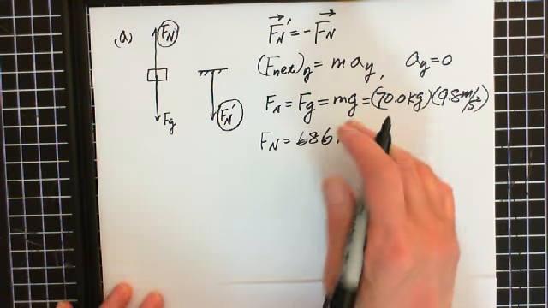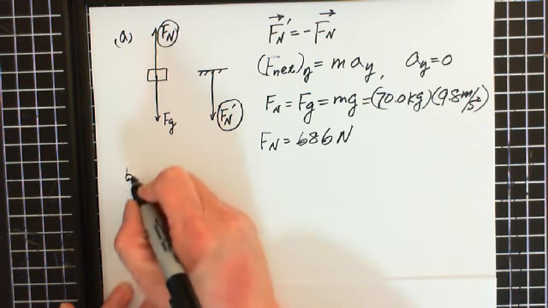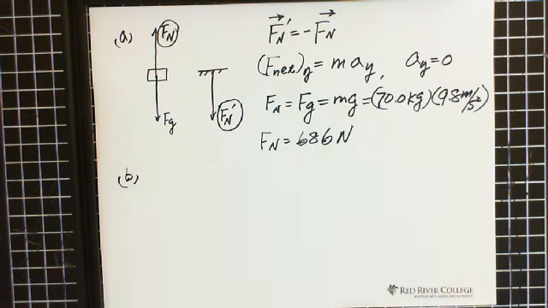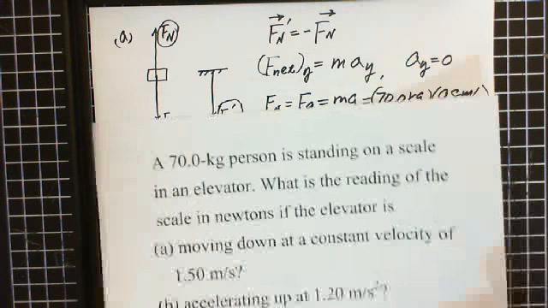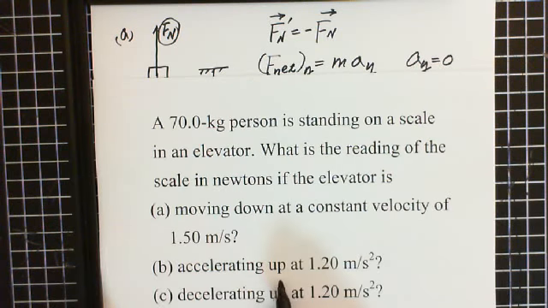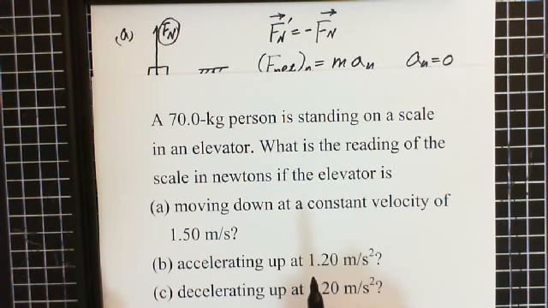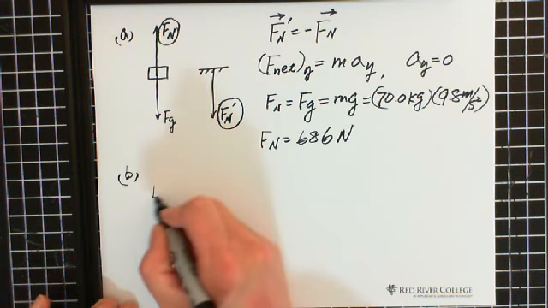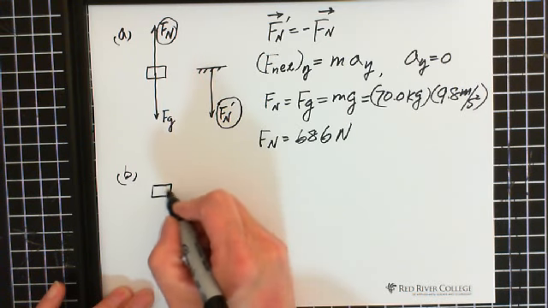Question B is looking for the reading on the scale when the elevator is accelerating up at 1.2 meters per second squared.